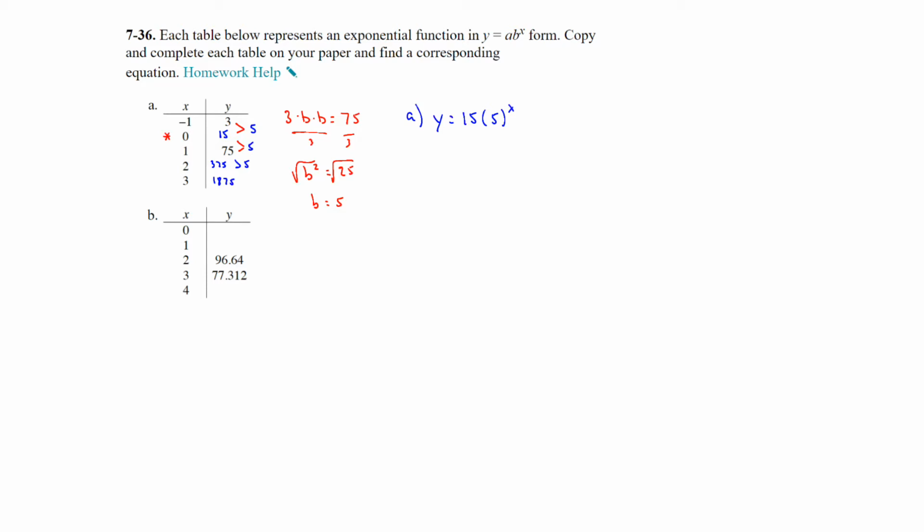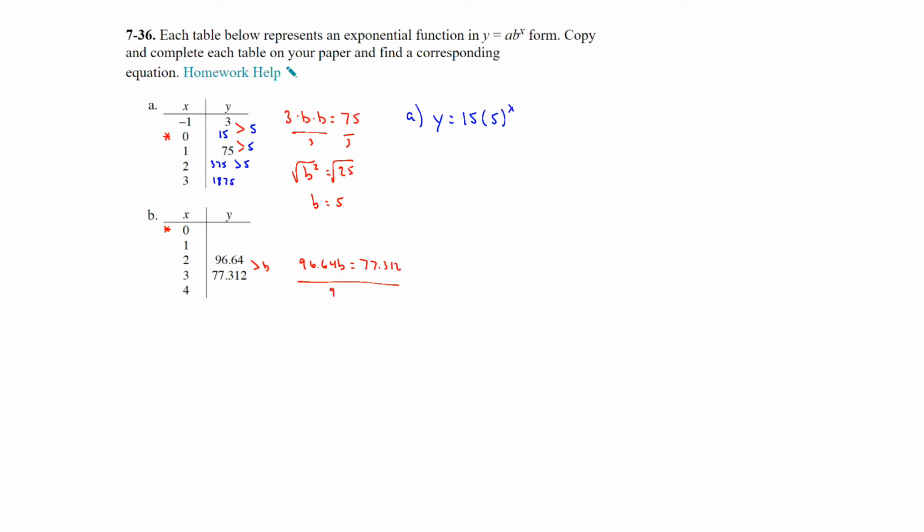On part B, once again, you're given the table. You once again do not have the initial, and you don't have the multiplier, but we can figure that out. This time we have back-to-back numbers here, so it'll be 96.64 times b should equal 77.312.